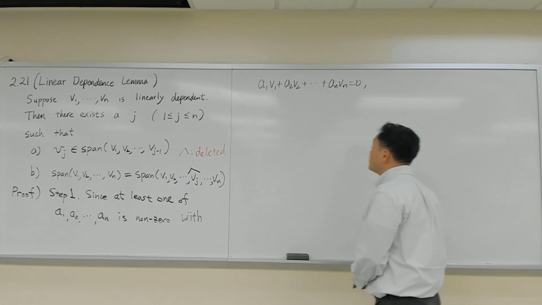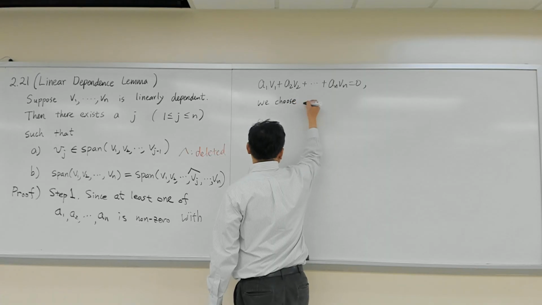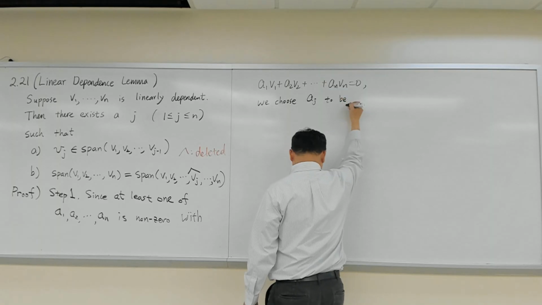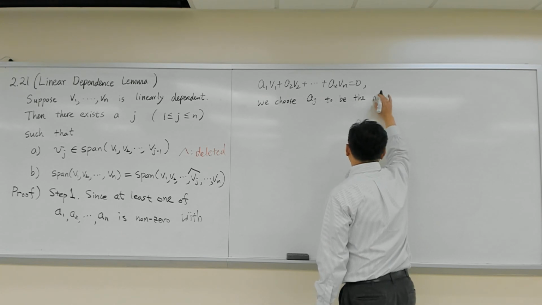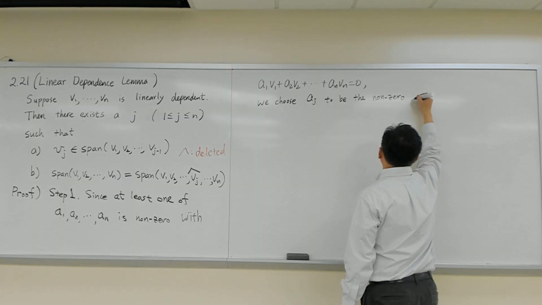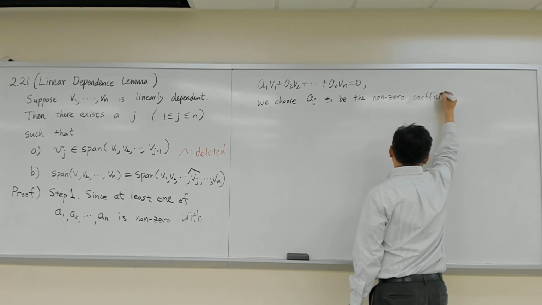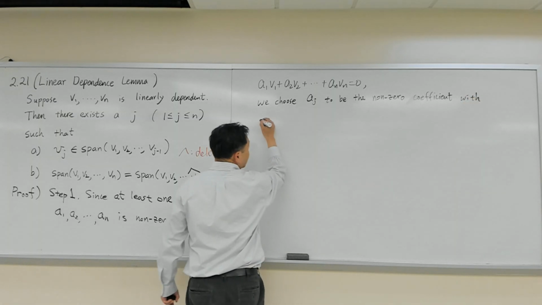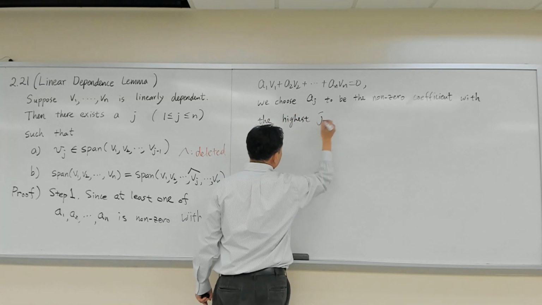Since that's true, we choose Aj to be the non-zero coefficient with the highest j.